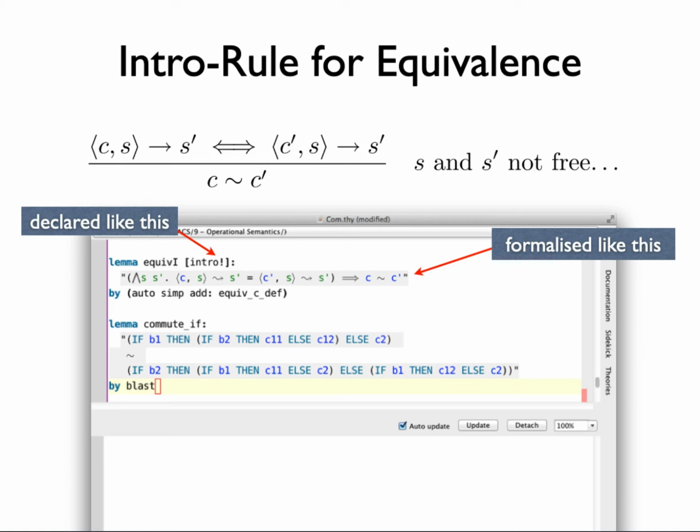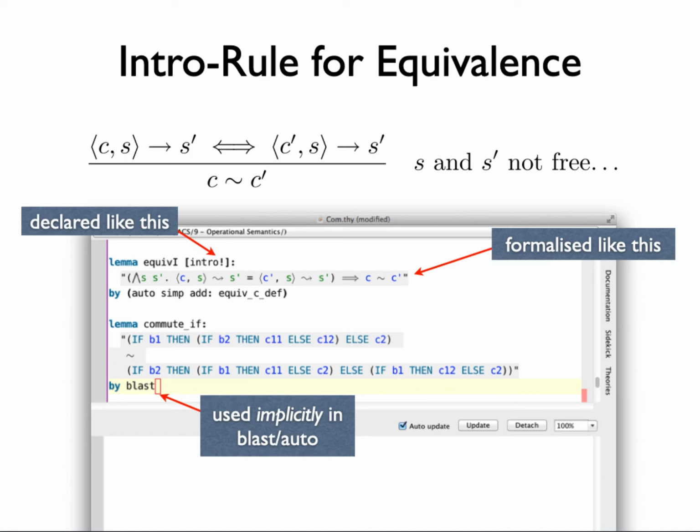I have now an example of proving something using the rule above. So there we have another semantic equivalence. I guess this is a kind of distributive law for if, which again would not work in a real language because we're changing the order in which we evaluate the conditions B1 and B2. I guess it works in a purely functional language.